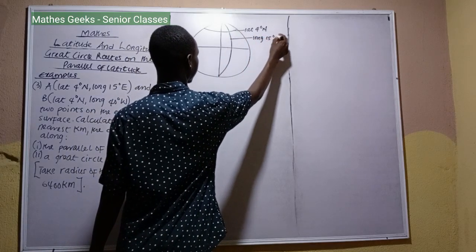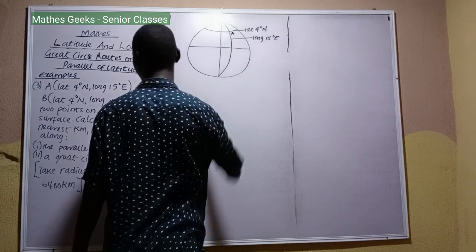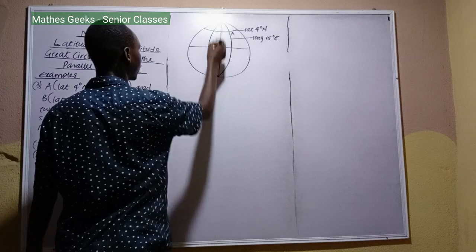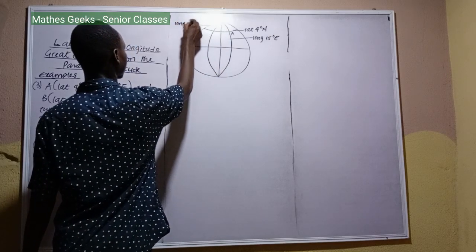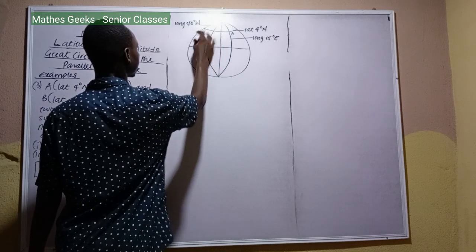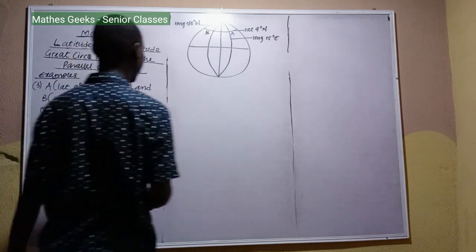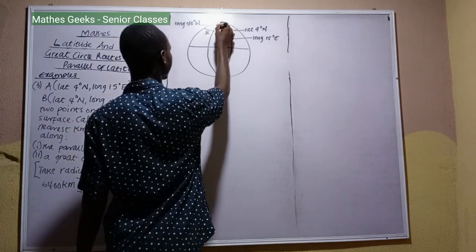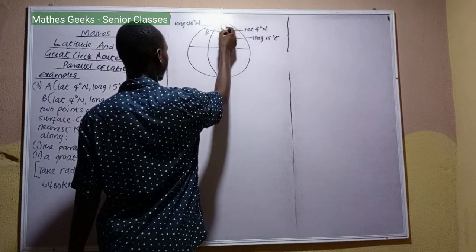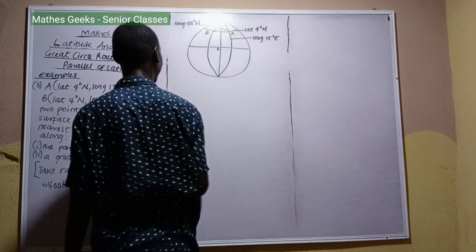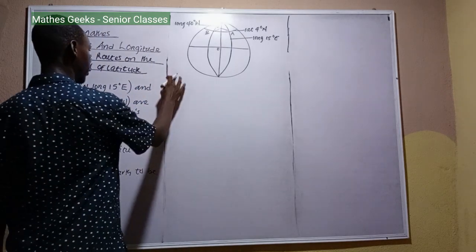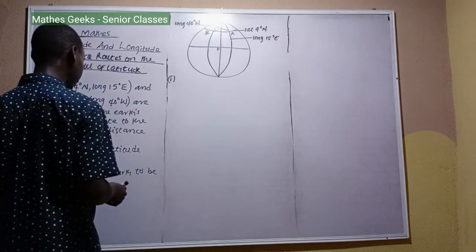Point B is longitude 40 degrees west. A and B are on the parallel of latitude. The center of the small circle is C, and the center of the great circle is O.